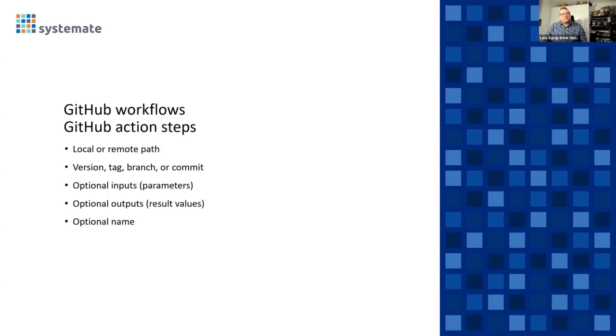So every step in a workflow can be, for example, an action. So it's using an action to perform that step. It can be a local action or a remote one, like the actions/checkout action from GitHub.